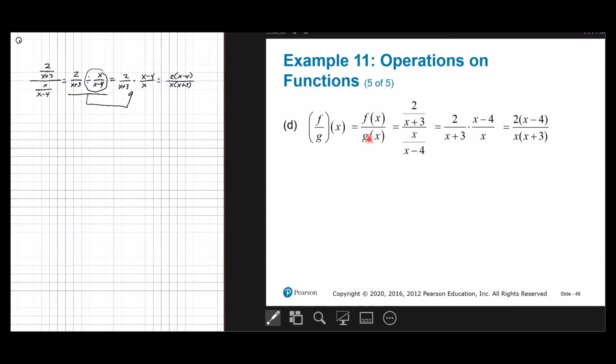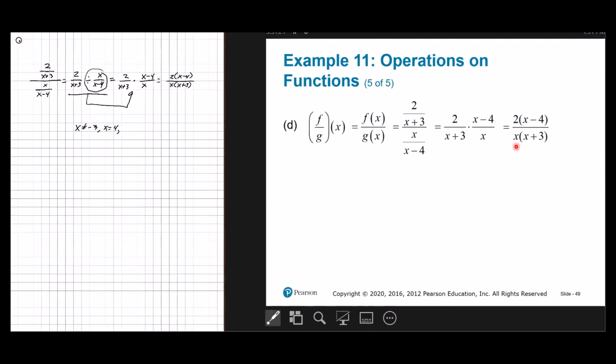So we want to consider the fact that in this case here, x can't be -3. And in this case, x can't be +4.